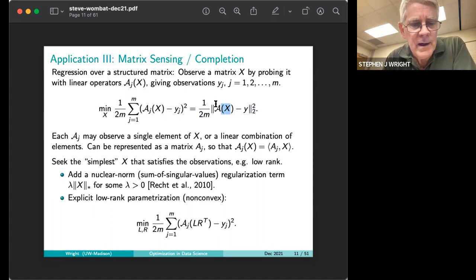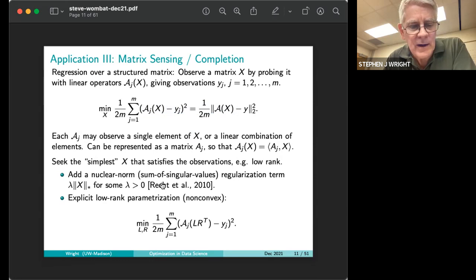But the twist here is that often you know some additional information about X. So for example, you might know that X is low rank. In other words, it's the outer product of two sort of skinny matrices. And using that additional information, you might be able to find a low rank X that matches these observations. And there are different ways to do that.